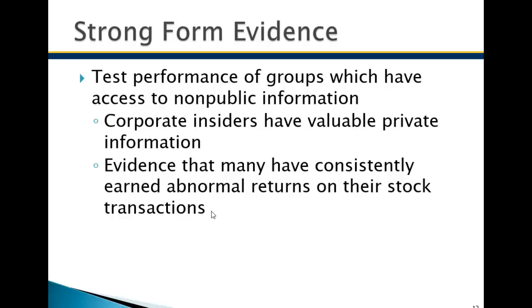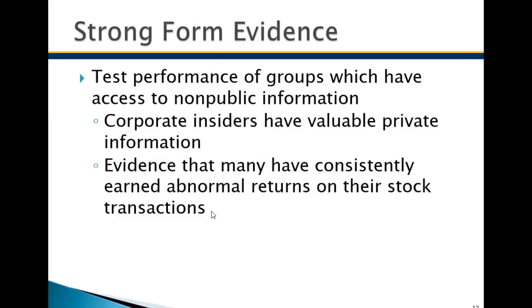And if the researcher finds that the stock price does go up before the information is released, that's evidence of the strong form. I'm sorry, that would not be evidence of the strong form. The semi-strong form, right, because I'm moving to the strong form. Let me restate that.